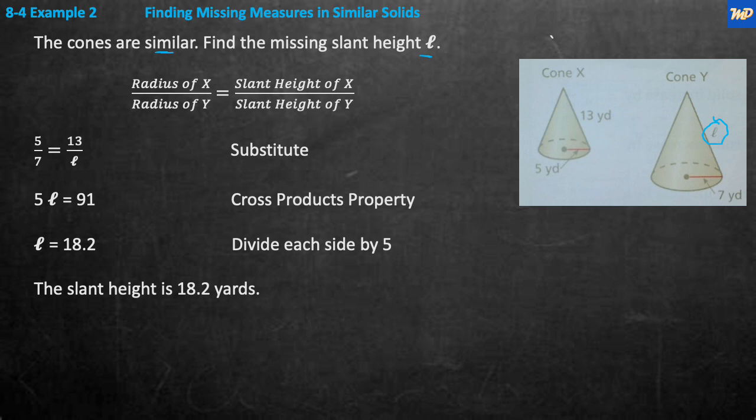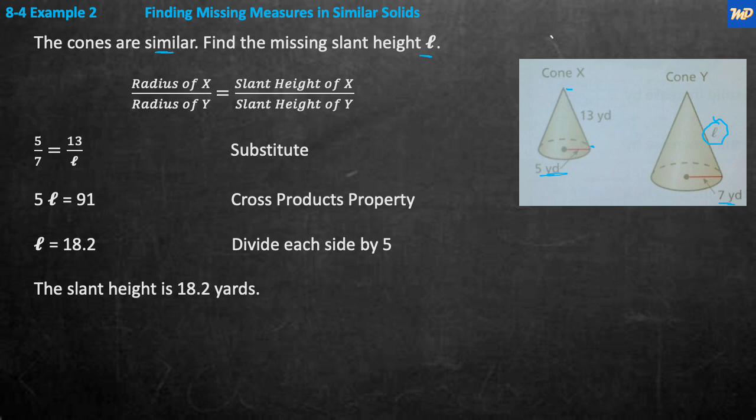So the equation is 5 over 7, the radius of X over the radius of Y, is equal to 13, the slant height of X, divided by L. We don't know what L is, so now we're going to solve for L.